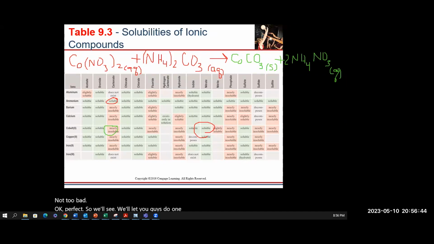So let's say we have iron 2 chloride and barium hydroxide.